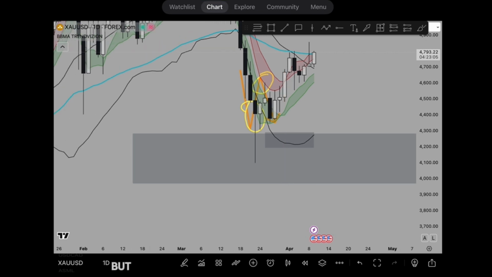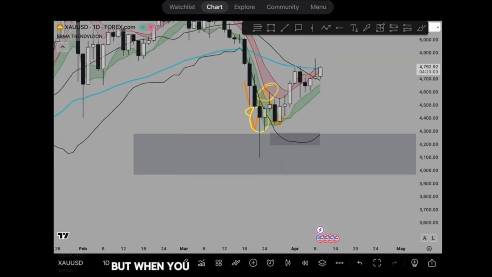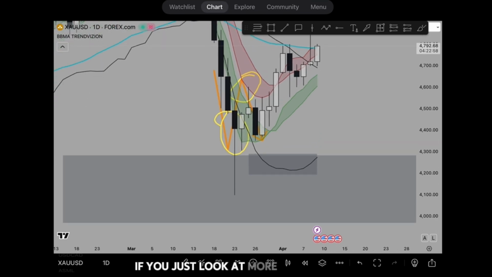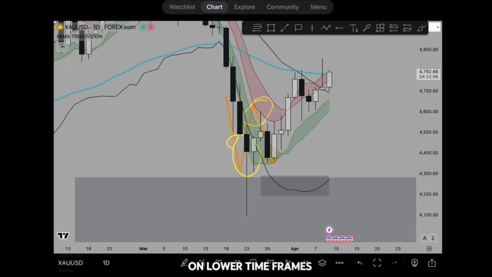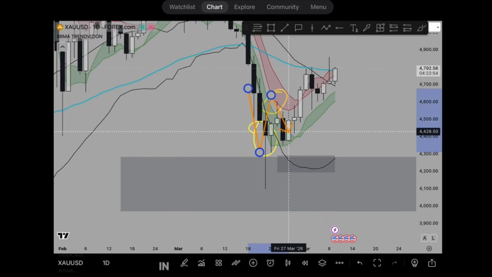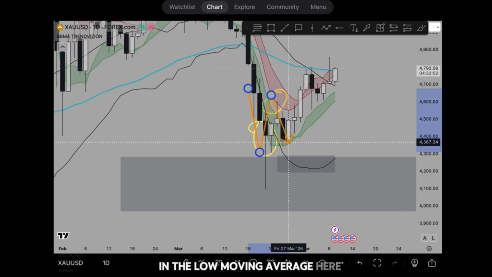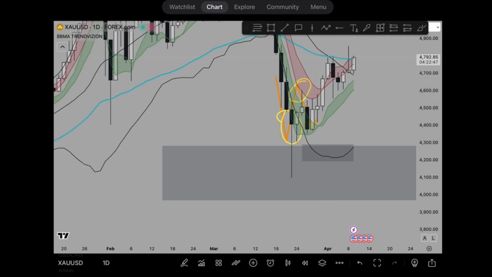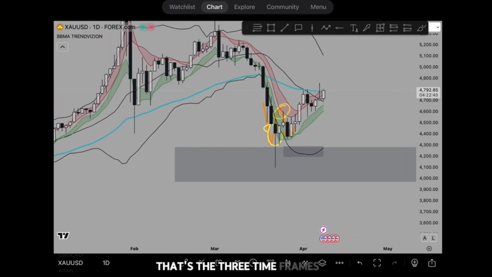But when you technically want to take a trade, you don't have to wait for it if you just look at more confirmations on lower time frames in the low moving average here, or a little bit above when it went up. So that's the 3 time frames.